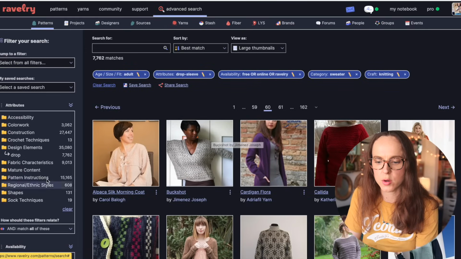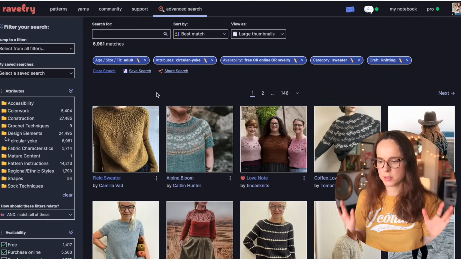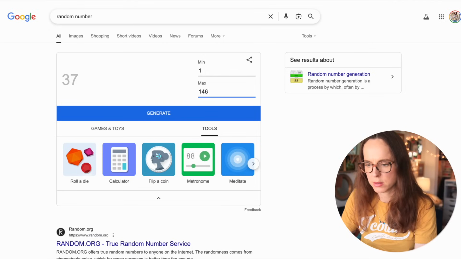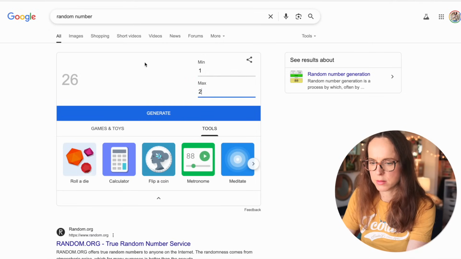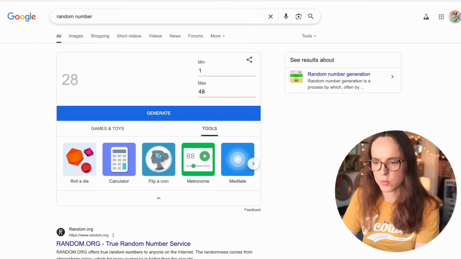Moving on to circular yokes, we're heading back into design elements. All right, here we are. Circular yoke, we're in business. Here we go. 6,981 matches, 146 pages. Page 26. No, I'm just setting this up. Result 28.